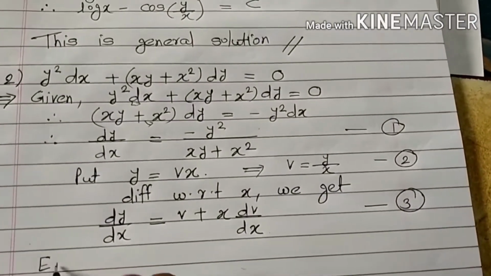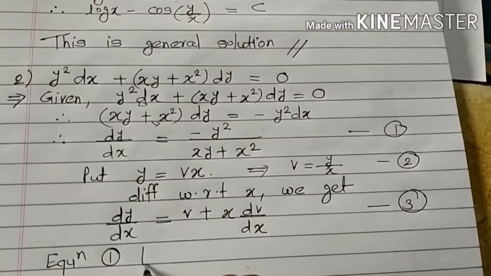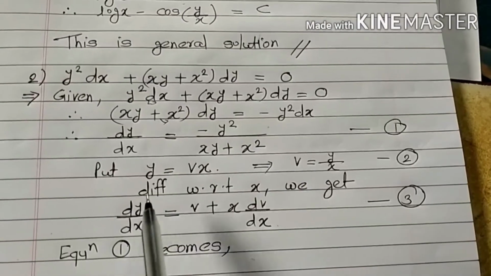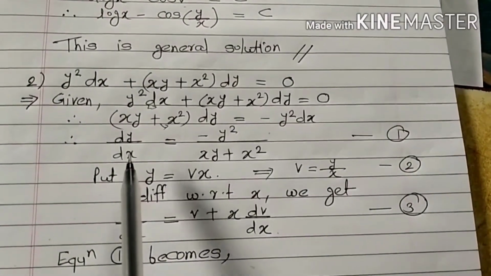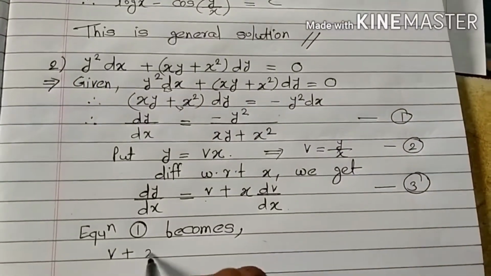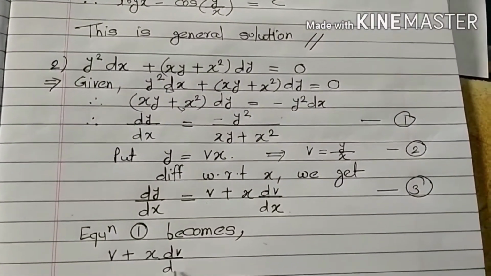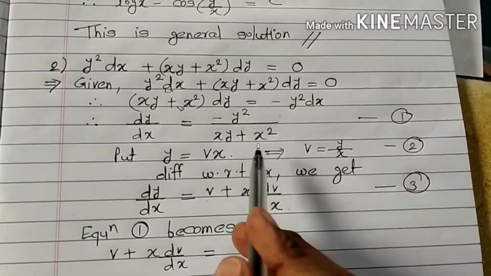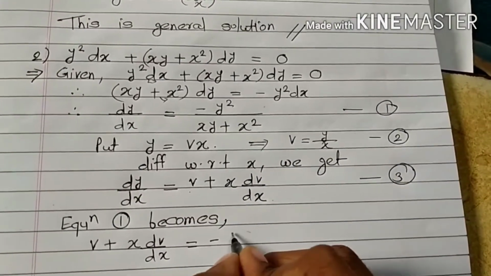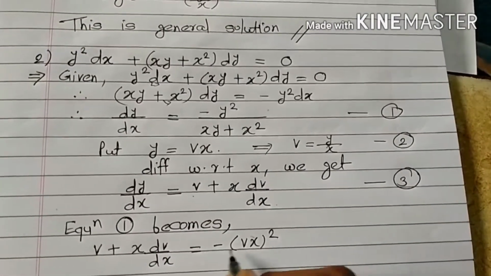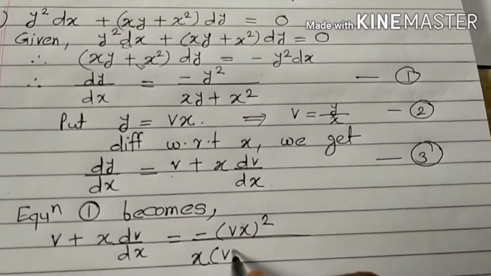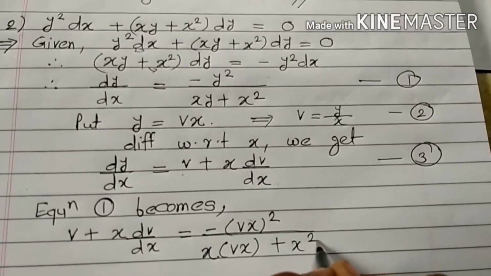So equation first becomes, here in equation first dy upon dx is v plus x dv upon dx. So I am writing here v plus x dv upon dx, which is equal to the value of y. What is the value of y? vx. So it is minus vx square upon xvx plus x square.